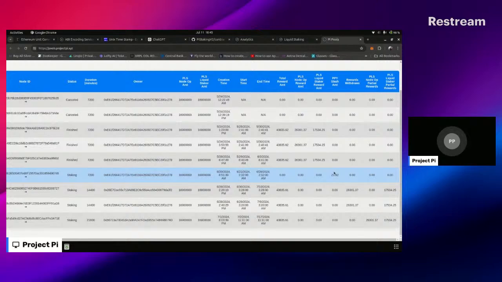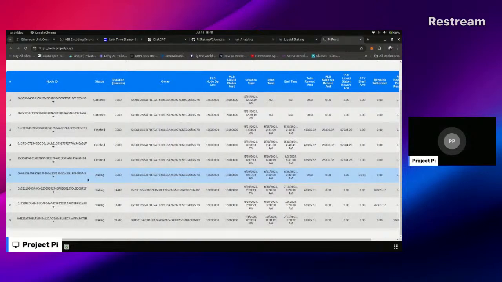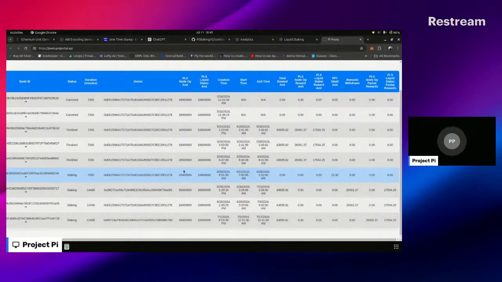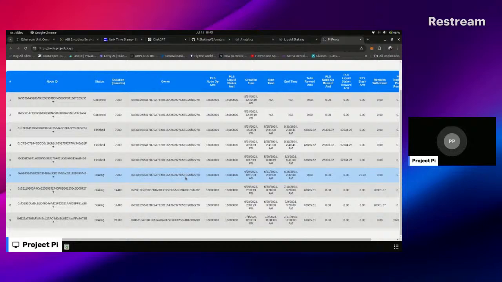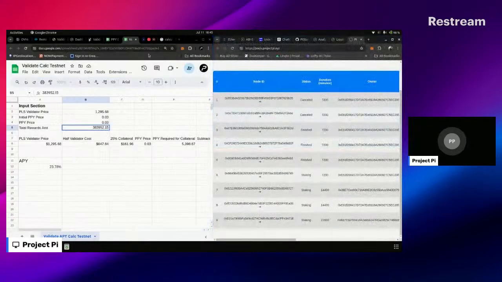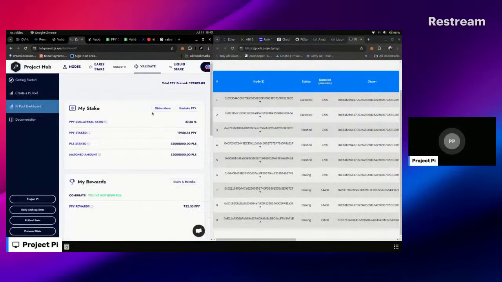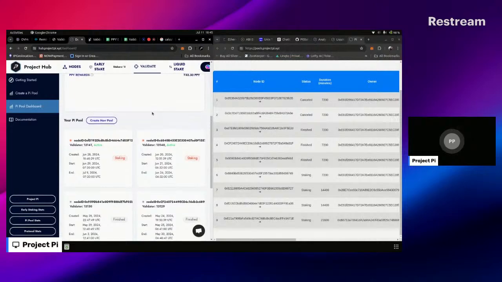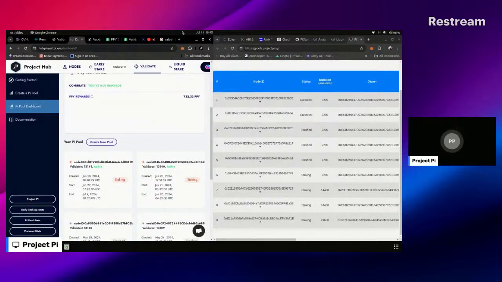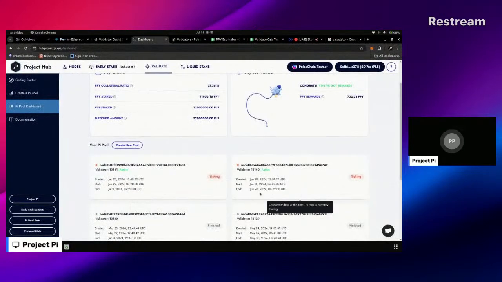For example, this number 6 here, the owner is this wallet here. If I were to go to the dashboard, that is this person here, it said it ended June 26th, which is obviously like two and a half weeks ago. So just simulating that as well.